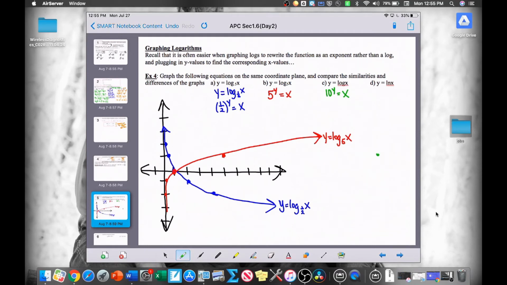When y is 1, 10 to the first power is 10. It's right there. When y is 0, 10 to the 0 power is 1. When y is negative 1, 10 to the negative 1 power is 1/10. And 10 to the negative 2 power would be 1/100th.